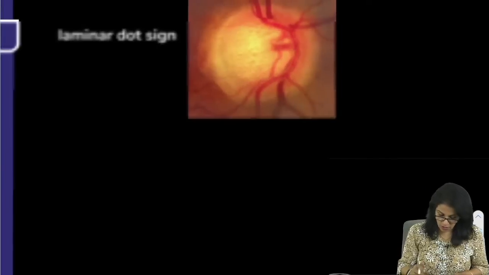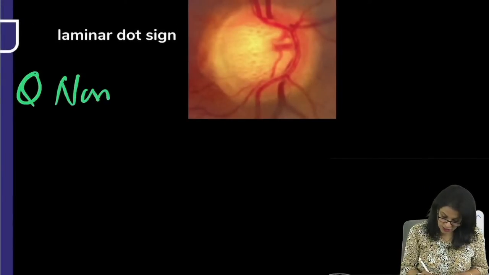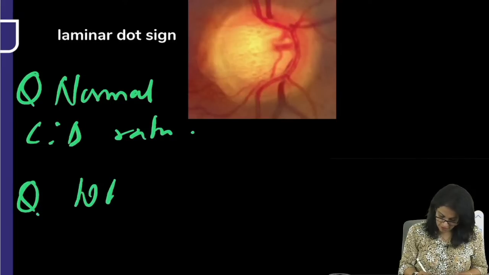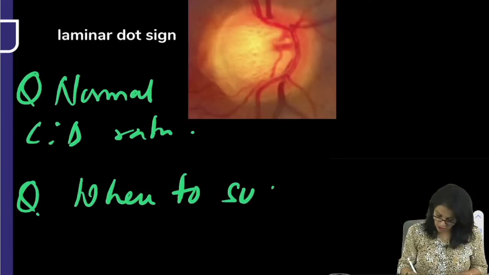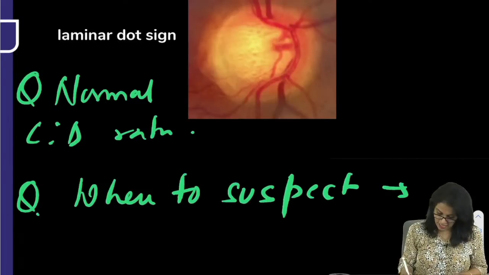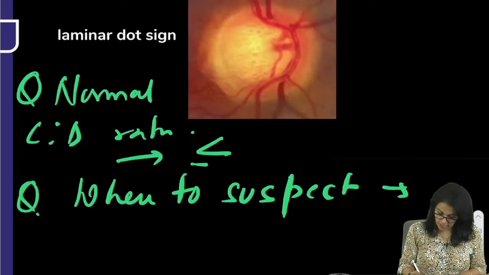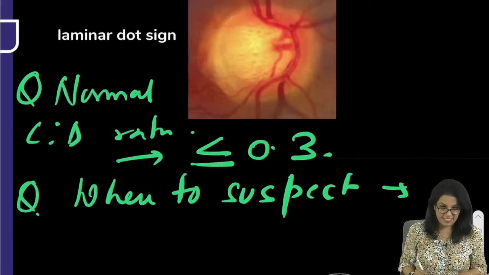Question number 1 for you all. What is the normal CD ratio? And when do we suspect it as glaucoma? On what CD ratio should I suspect? Normal, whenever they ask, less than or equal to 0.3 should be the answer.